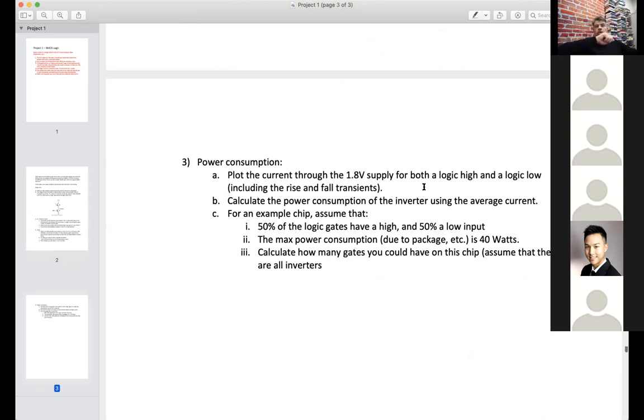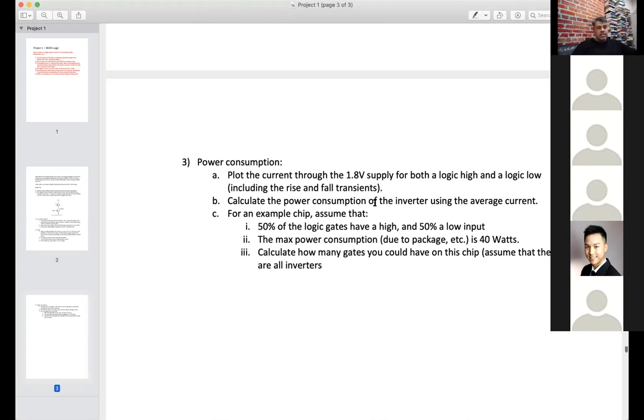So just do 1 pulse low, 1 pulse high, equal in time. That way you can also calculate the average power consumption by averaging the current across a low cycle and a high cycle in the transients. You can get the power consumption of your inverter. So that's what you do.